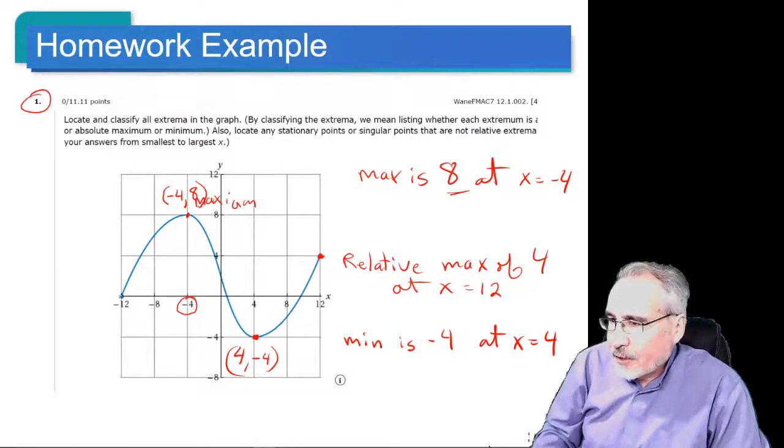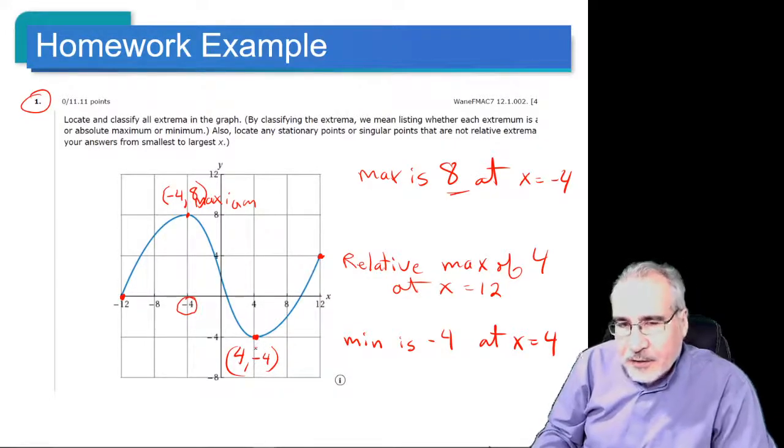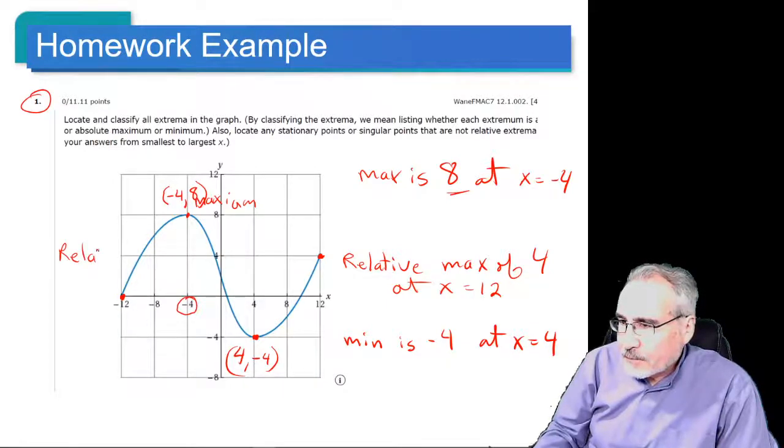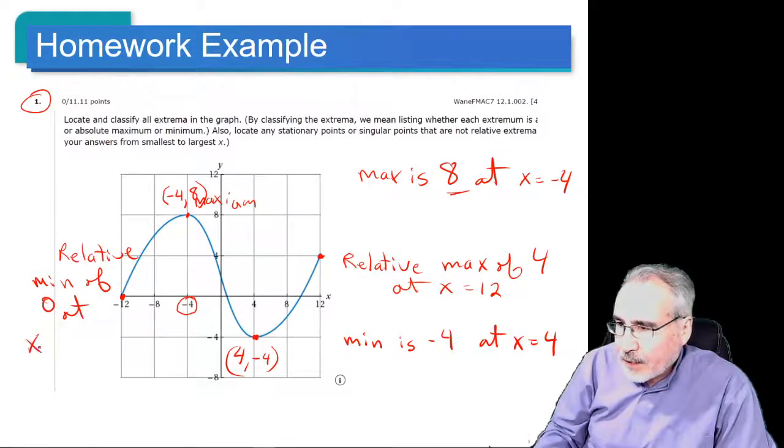Okay, over here we've got a relative minimum. It's not the lowest of the lows, but for its area, for its neighborhood, it is the smallest y value. And so we would say that we have a relative minimum of 0, notice that's a y value of 0, at x equals negative 12.